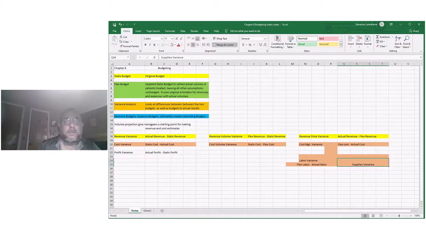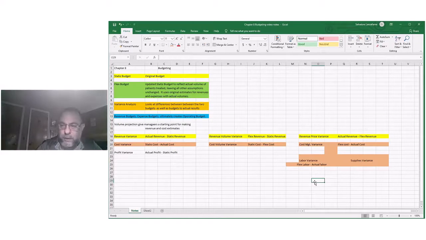Whoops, what did I do? There we go. I keep grabbing the wrong part. There we go. I think I got it. We could also have, in this situation, your static price, well, actually, flex minus actual again.